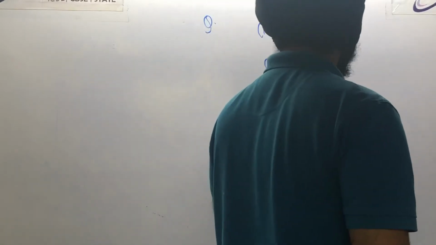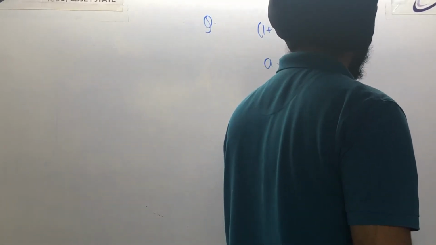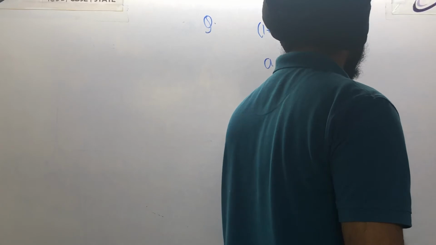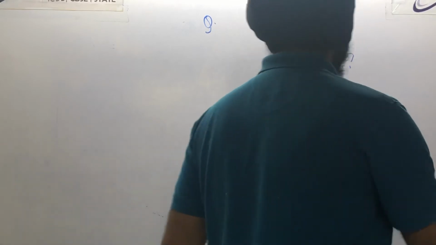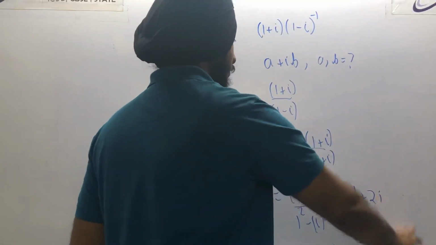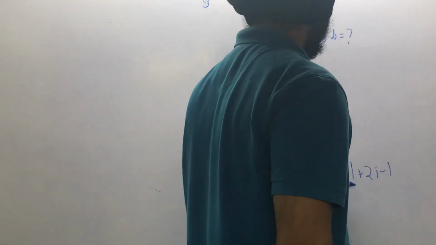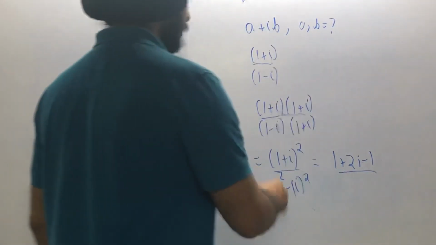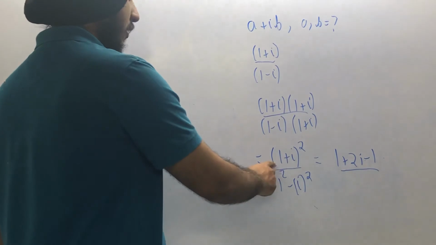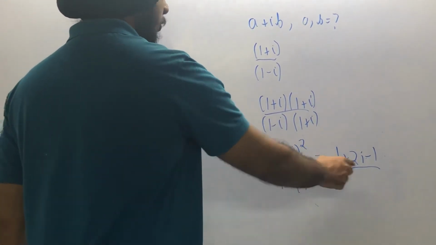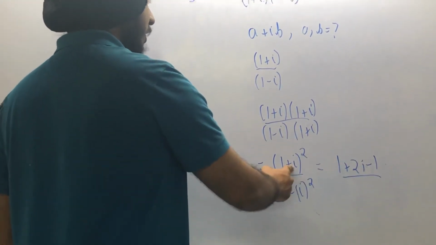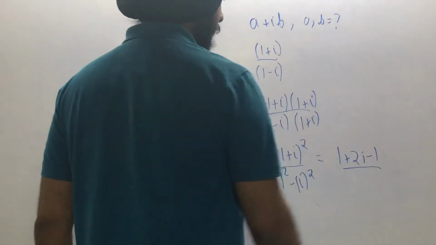This is 1 plus 2 iota plus iota square. Iota square is what? Minus 1. See, 1 plus iota whole square: 1 square plus 2 into 1 into iota is 2 iota plus iota square. Iota square is minus 1.